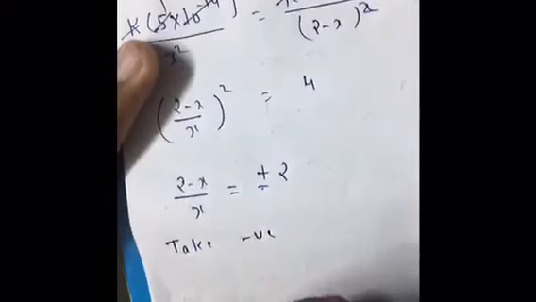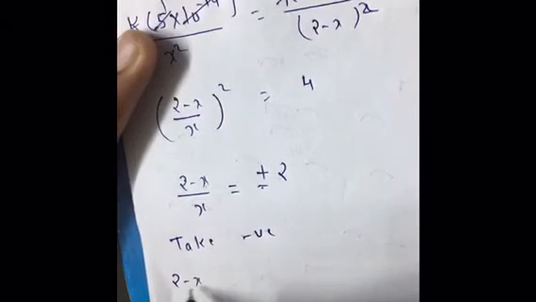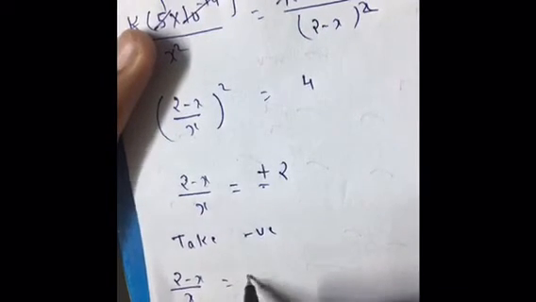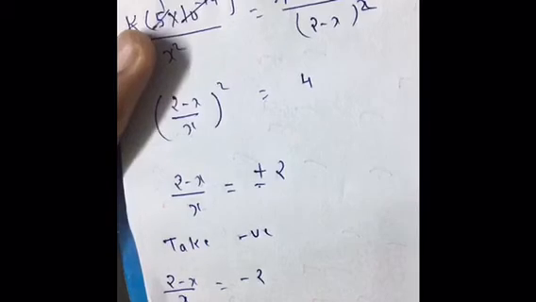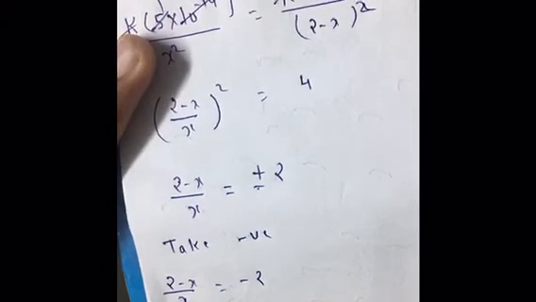So we get (2 minus x) upon x is equal to minus 2. So 2 minus x is equal to minus 2x, so 2 is equal to minus x, that is x is equal to minus 2. What does it mean, x is equal to minus 2?